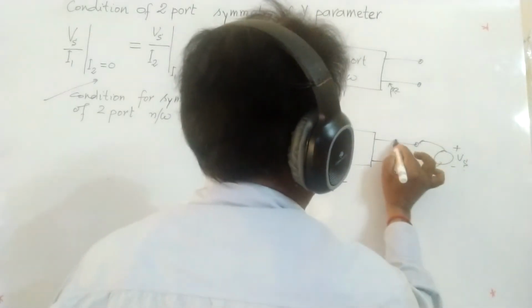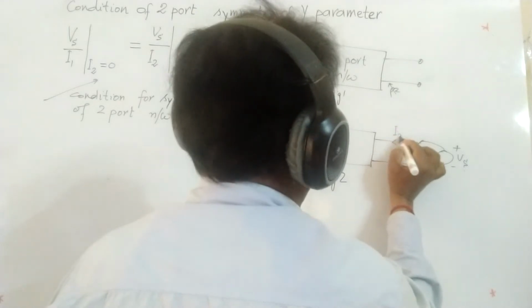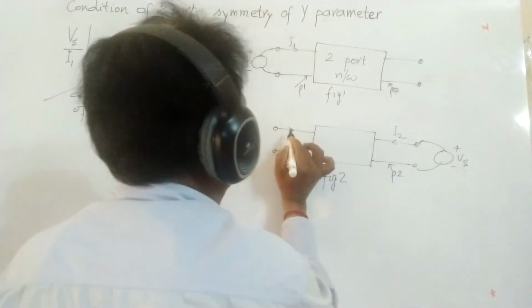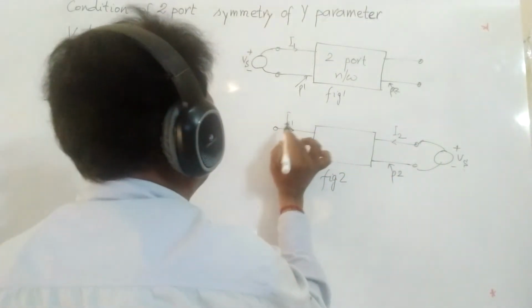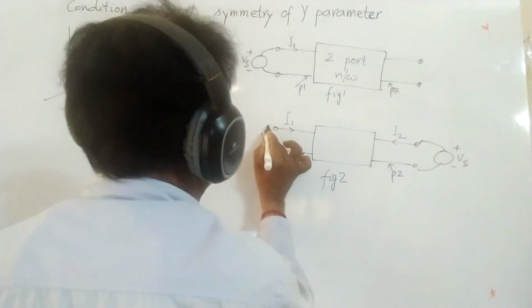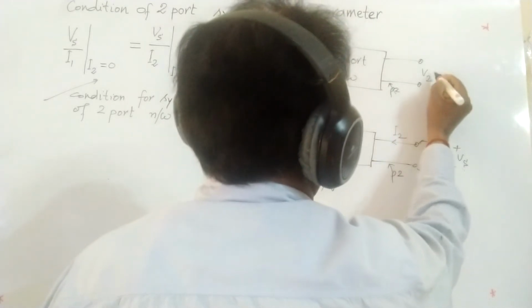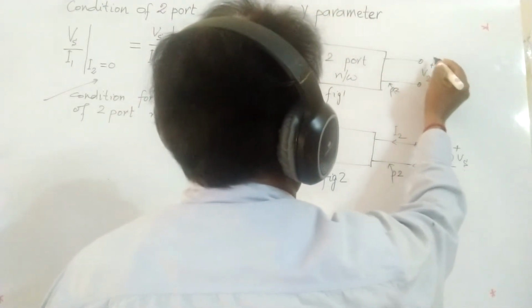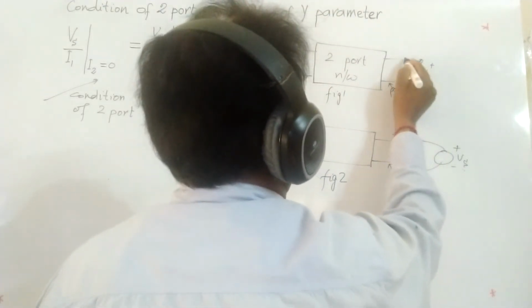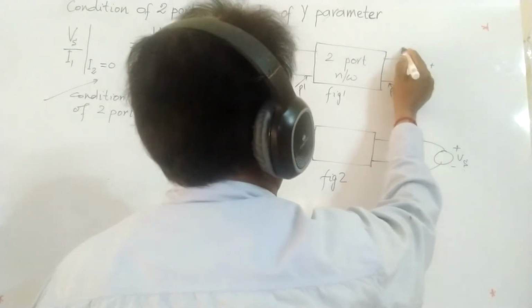Here the current is I1, the voltage is V1, here is V2, and this current is I2.